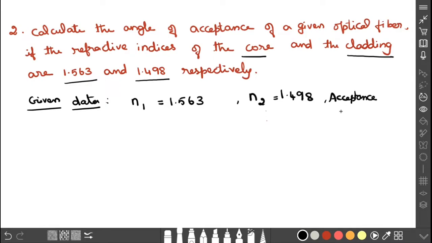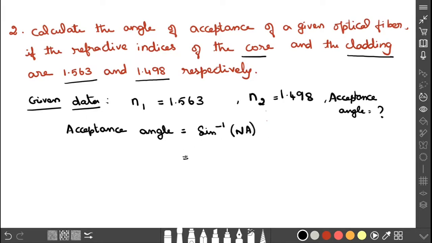How to calculate the acceptance angle? The formula for acceptance angle is acceptance angle is equal to sine inverse of NA. In the previous problem we discussed the NA formula: root of N1 square minus N2 square.